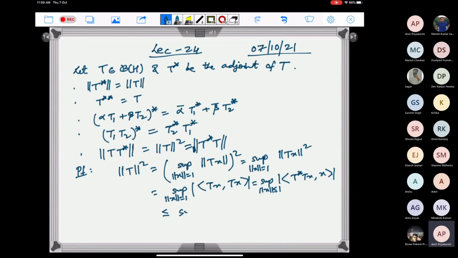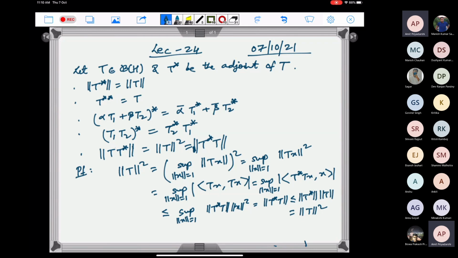So this is less than or equal to the supremum, over norm x equal to 1 (less than or equal to 1, both will give the same thing), of norm of T star T and norm x square, but norm x is equal to 1, so this is equal to norm of T star T. So we got norm of T star T is bigger than or equal to norm of T square, and also we know that norm of T star T will be less than or equal to norm of T star times norm of T, and because norm of T star is equal to norm of T, this will be equal to norm T square.